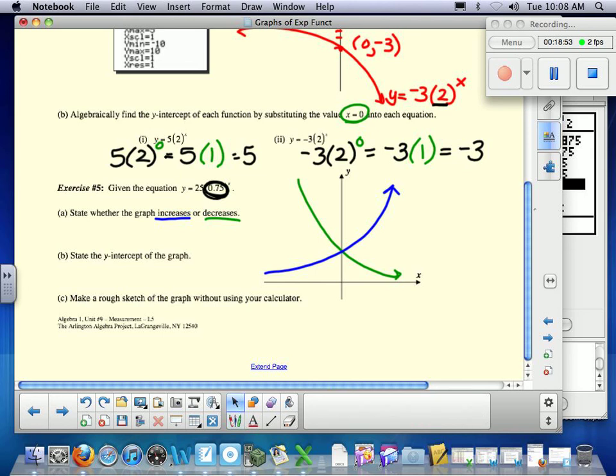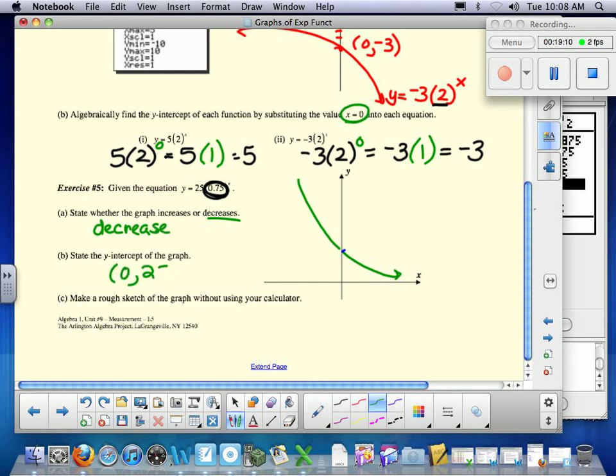Okay, good. So we'll get rid of our increase. What is its y-intercept? 0.25. So we're going to pretend that this is 0.25, which, oh my, it's certainly not, but we'll pretend that it is. Make a rough sketch without using your calculator.